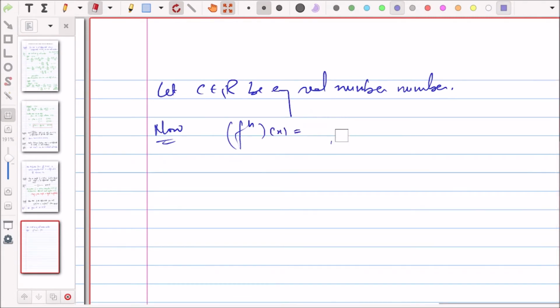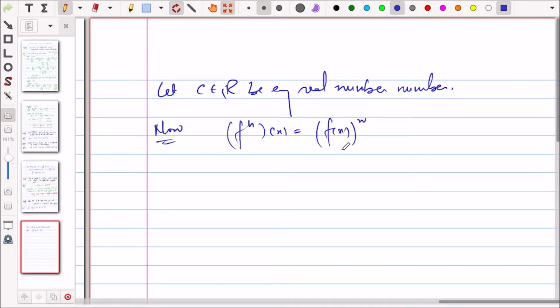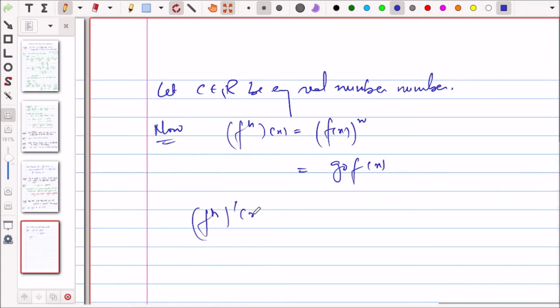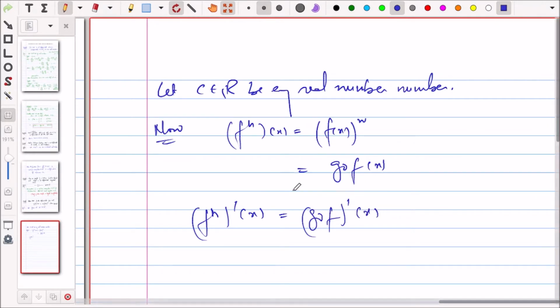This is your f(x) to the power n, and this is your g of f(x), right? So (f^n)'(x) will be g'(f(x)) f'(x).